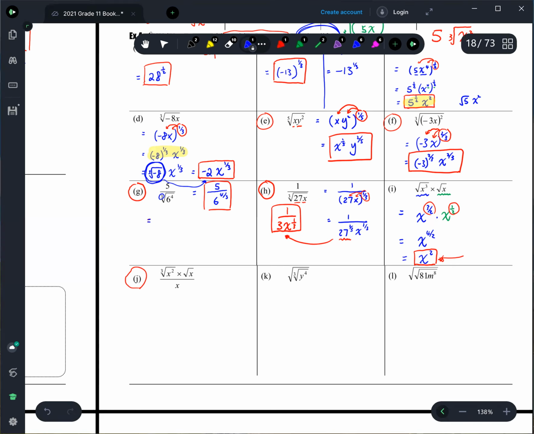So your final answer should look like x to the something, okay? Similar to the form in I, right? Everything is just x to the something.